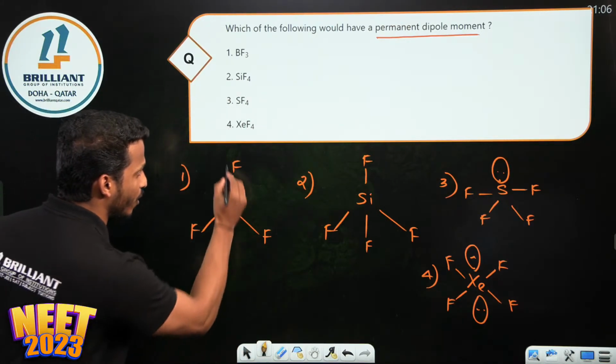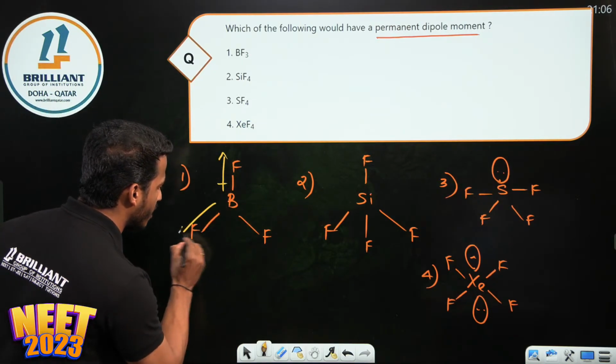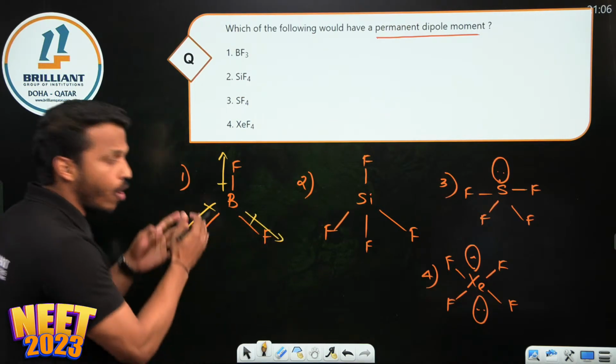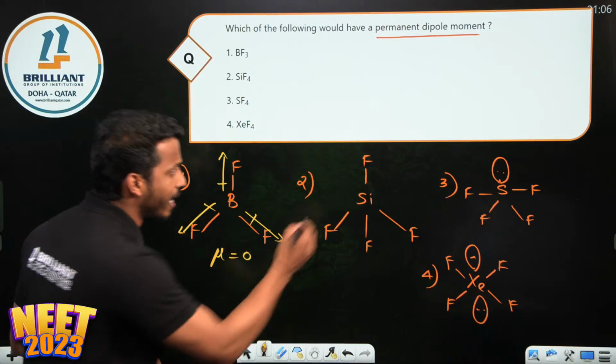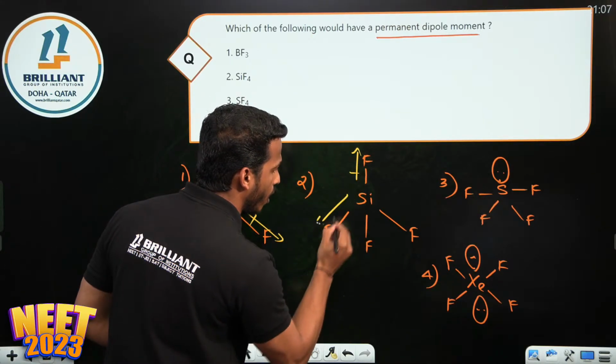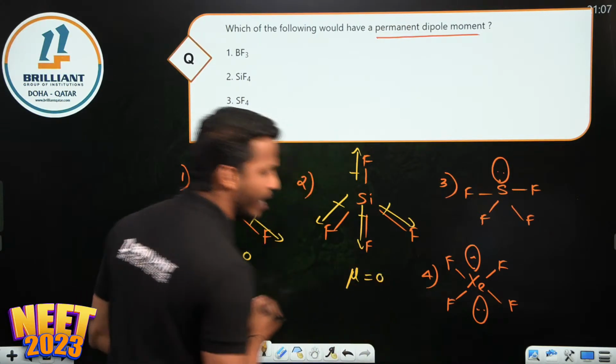Dear all, in this question, you can see fluorine is the most electronegative, right? So the bond dipoles all cancel each other, and here the dipole moment is 0. In tetrahedral geometry, all dipole moments cancel each other, so here also the dipole moment is 0.